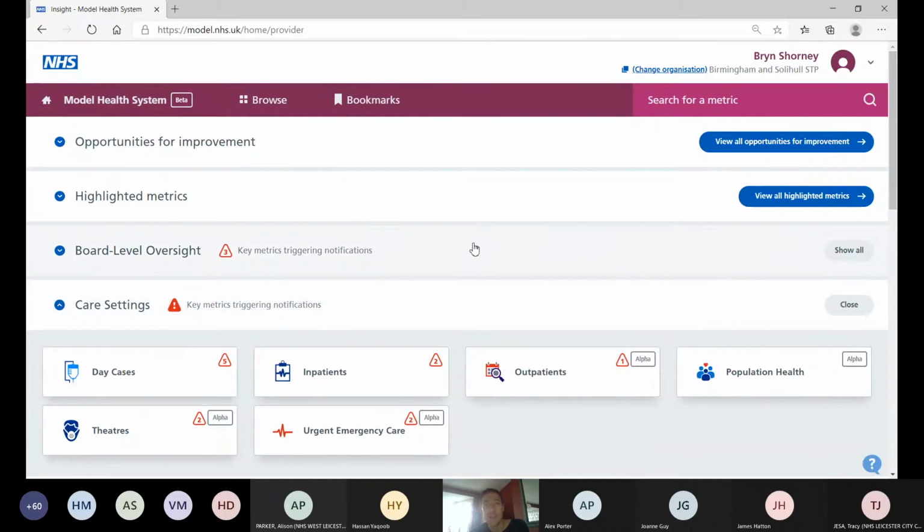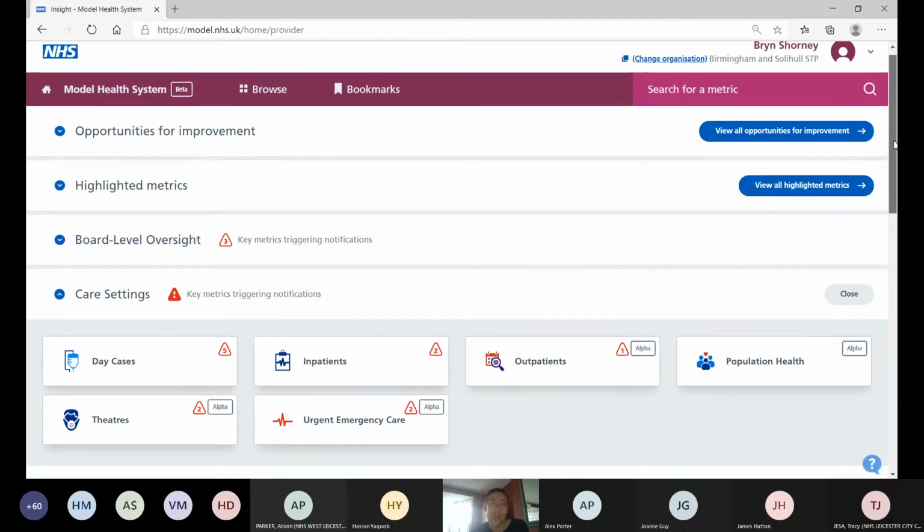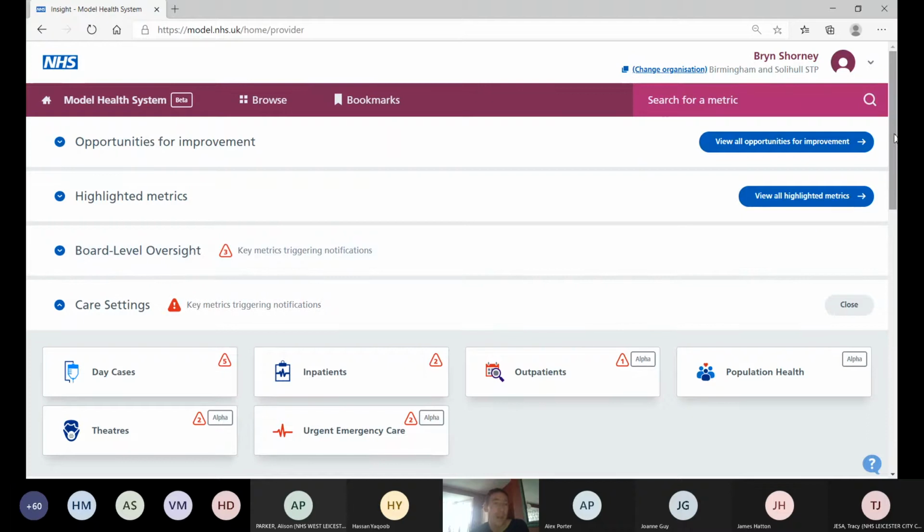The layout is very similar to how that looks in Model Hospital and the other elements, but everything is now with this system view. There's various different elements to this.